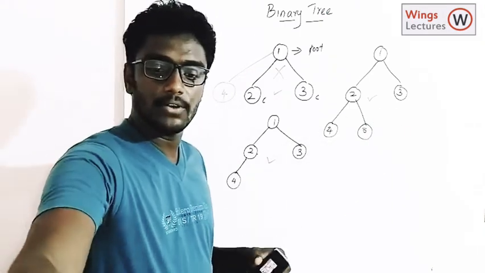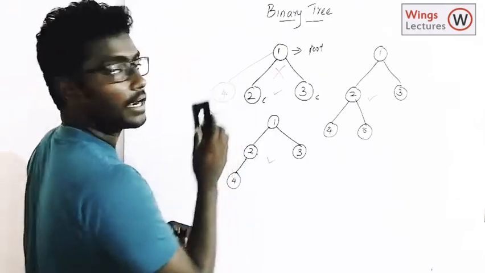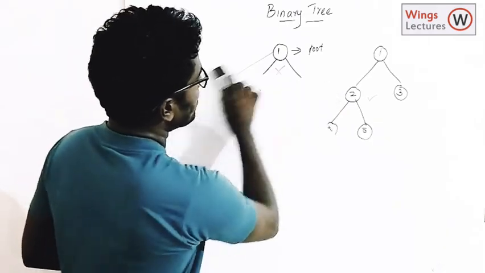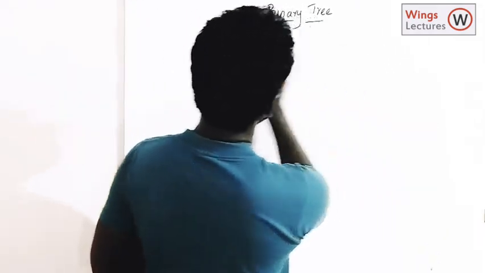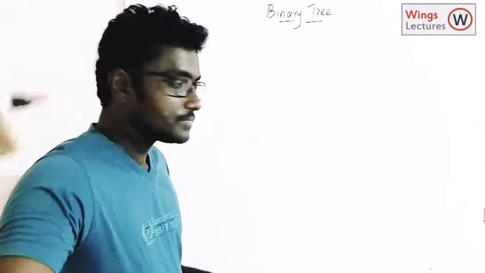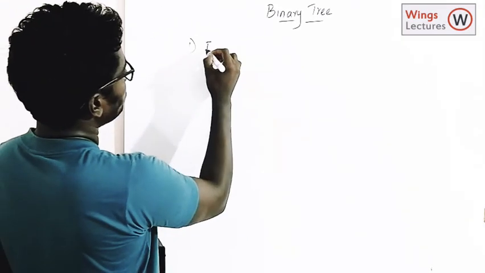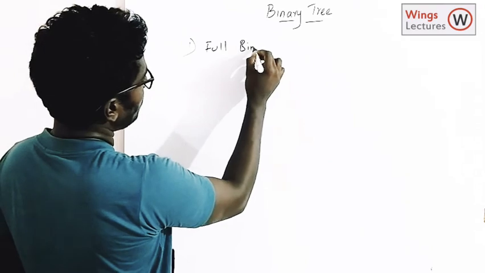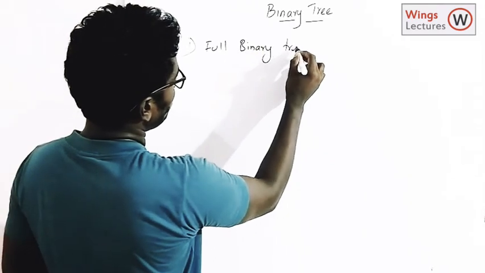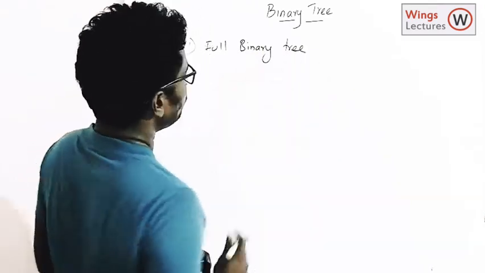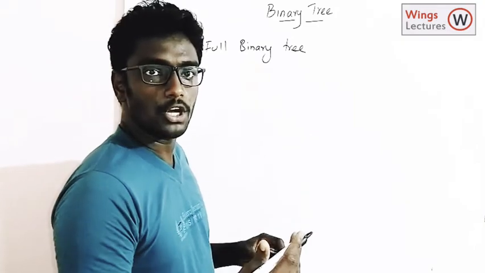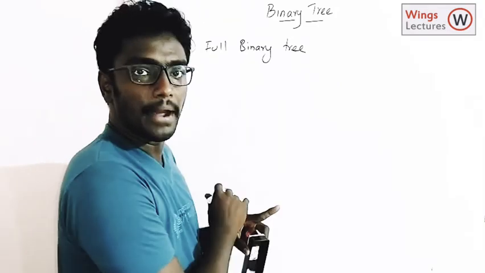Let me explain the different types we have under binary tree. The first one is full binary tree. Full binary tree follows the same concept we discussed about binary tree.